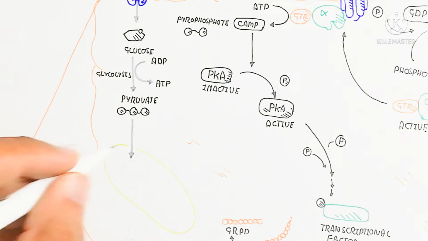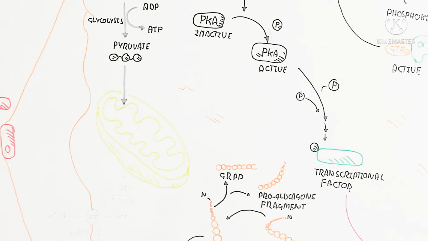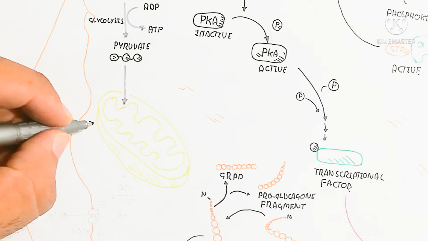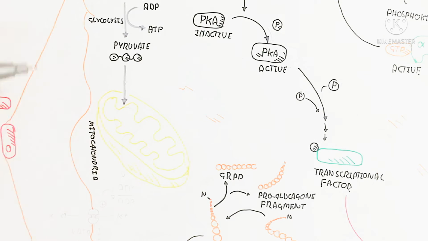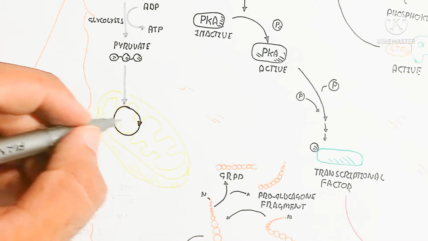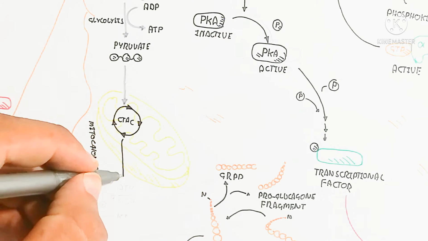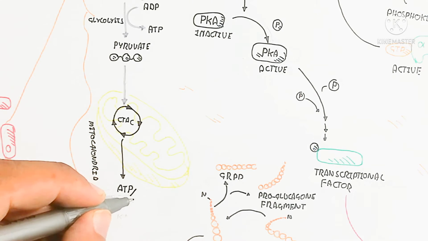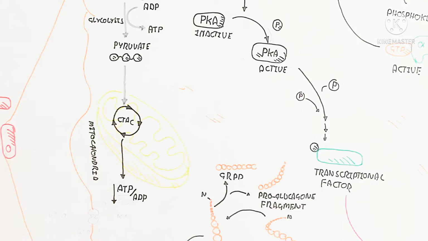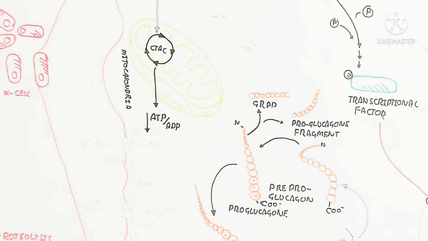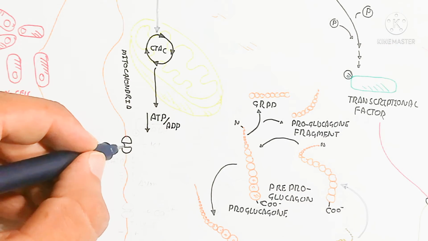This pyruvate will be moved into the mitochondria to produce acetyl-CoA. Two acetyl-CoA will be produced from one glucose due to the two pyruvate production. And the citric acid cycle and electron transport chain run to produce ATP. The ratio of ADP will be decreased as compared to hyperglycemia.